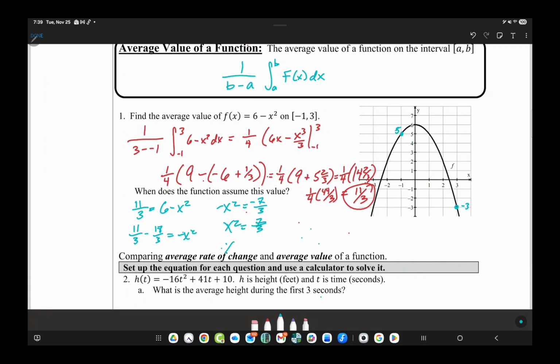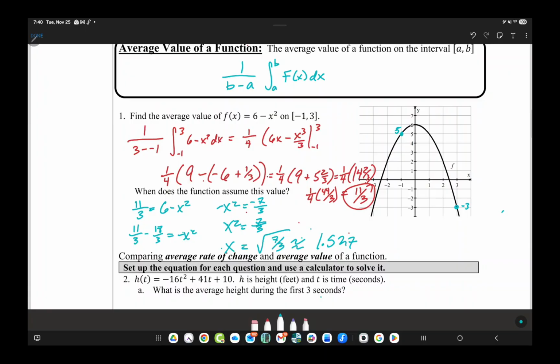And then we square root. I'm not dealing with the negative value because the negative value is not within the interval. This gives you approximately 1.527.